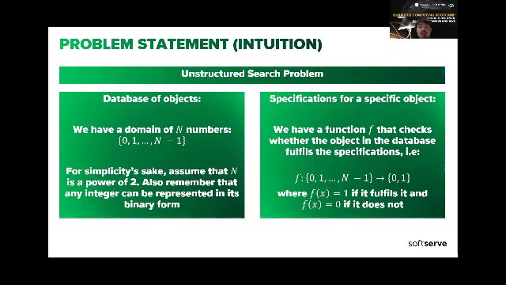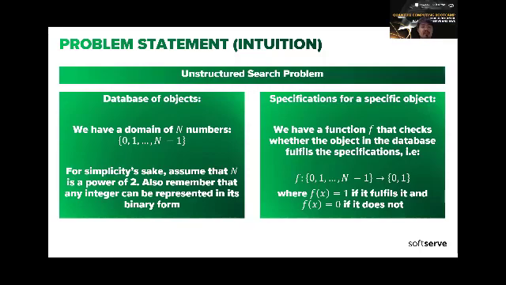For simplicity's sake, because we're working in the binary system, we assume that N is a power of 2, and that any integer can be represented in its binary form, which means we'll need small n qubits. If N equals 2 to the power of small n, we only need small n qubits, or bits for that matter. You can represent any of these numbers in small n bits rather than big N.